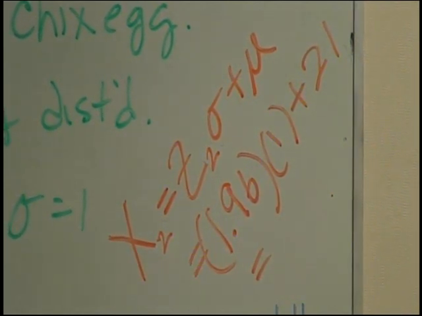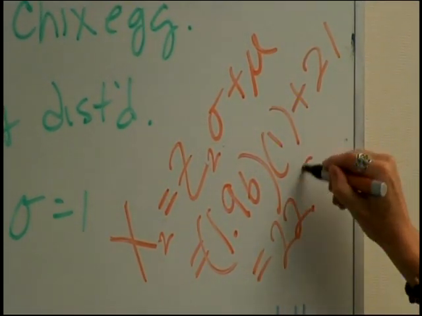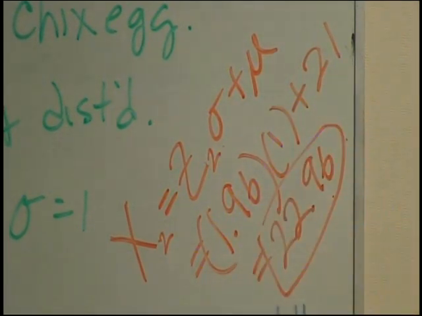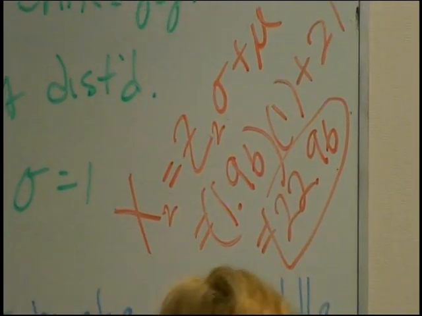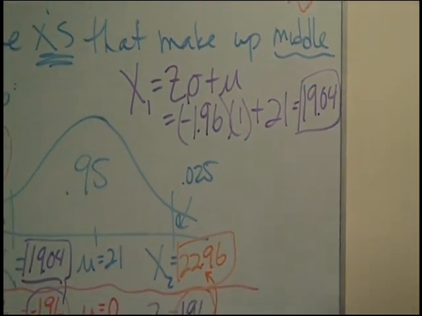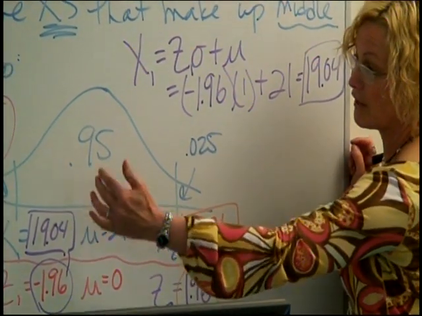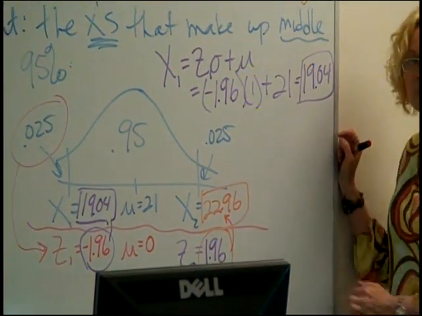What'd you get, Courtney? 23.96? 22.96, thank you. Anyone agree? Disagree? Cool. So there's our other X value. So 95% of these chicken eggs hatch between 19.04 and 22.96 days.